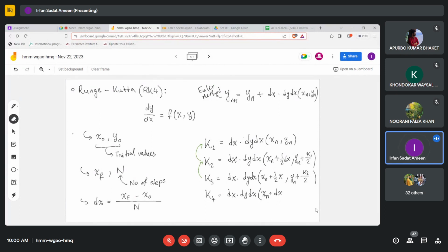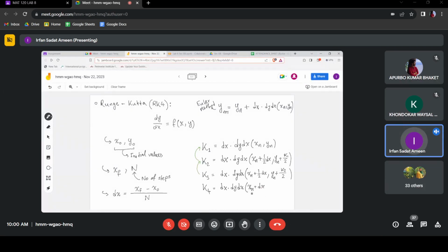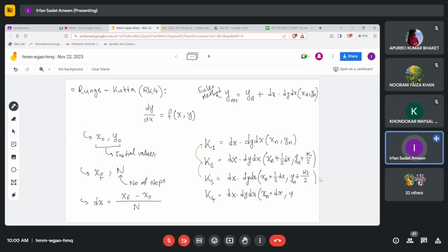Above I wrote half of x, so this will be xn plus dx, the x step, and for y it will be yn plus what should this be? This is simply k3. Yeah. Done.